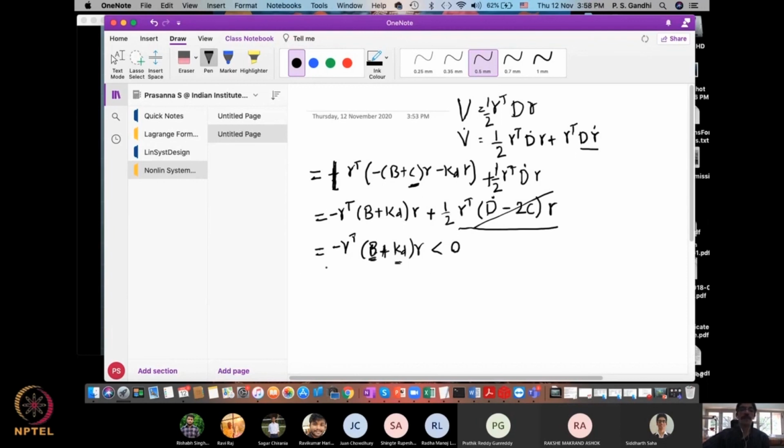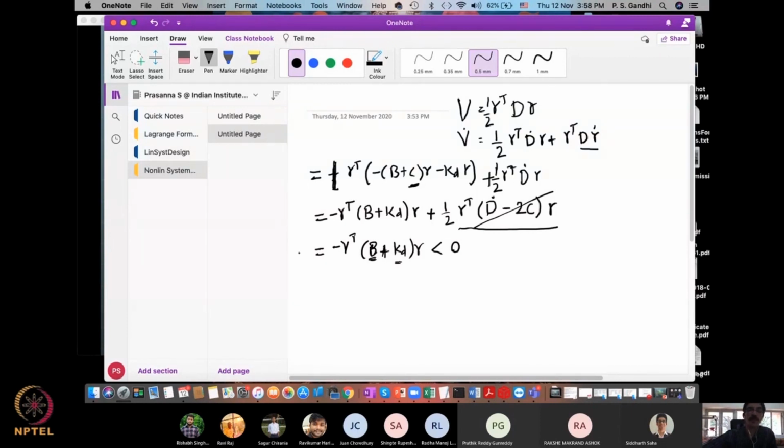The r vector has both e plus lambda e dot, e dot plus lambda e. So both my e and e dot get represented in r, as some kind of linear combination. This argument is important.